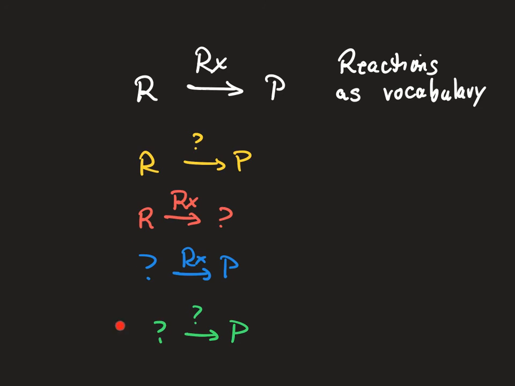So this is an important part of becoming fluent in that reaction vocabulary that we're going to need later in the class as we string reactions together. So I hope that gives you an indication of the way you should approach studying each of the reactions that we're learning as we go through the class.